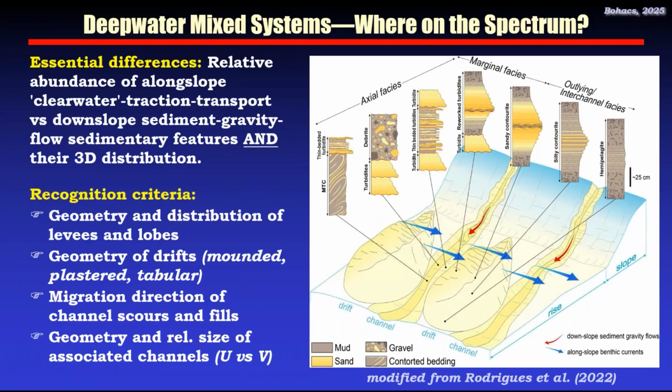Now, there are reasonably robust recognition criteria at the system scale: the geometry and distribution of levees and lobes, the geometry of the drifts, the migration direction of channel scours and fills, and the geometry and relative size of associated channels. Now, how these translate down to the well log, core, and thin section scale is what we need more work on.